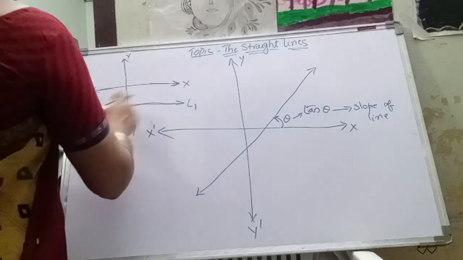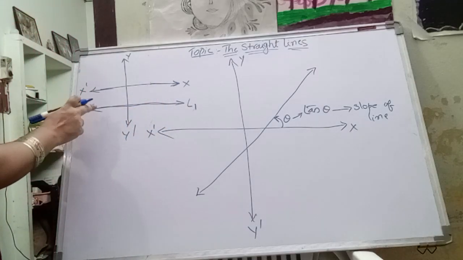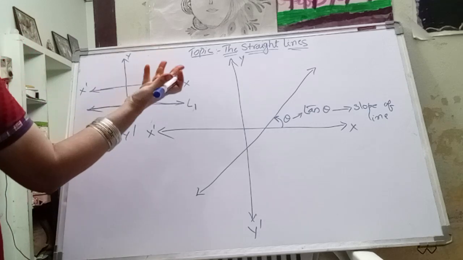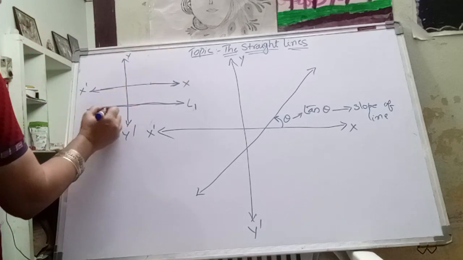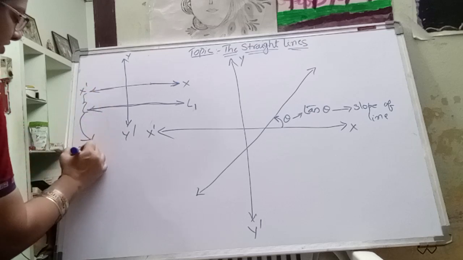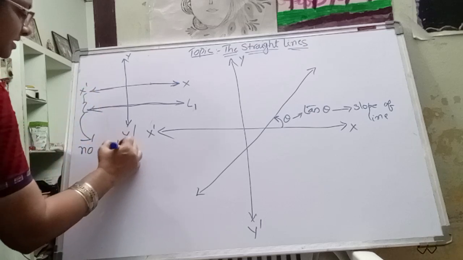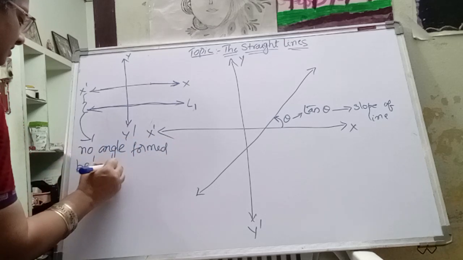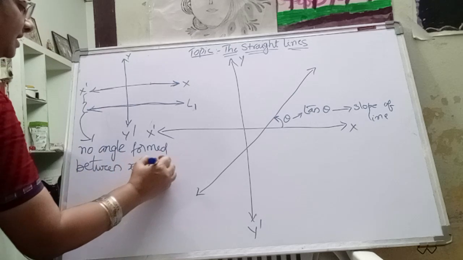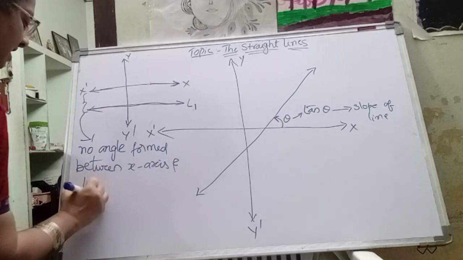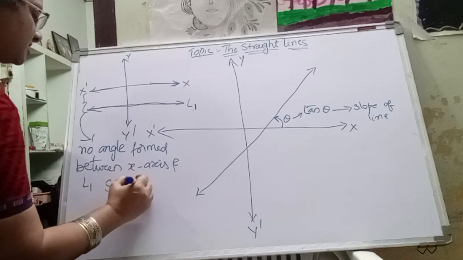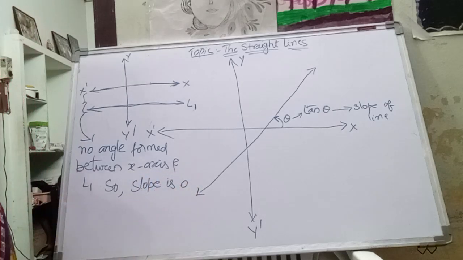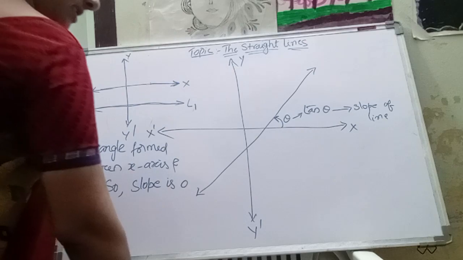If a line is horizontal, then no angle is formed between the x-axis and L1, because it is parallel to the x-axis. So what will be the slope? Slope is 0.